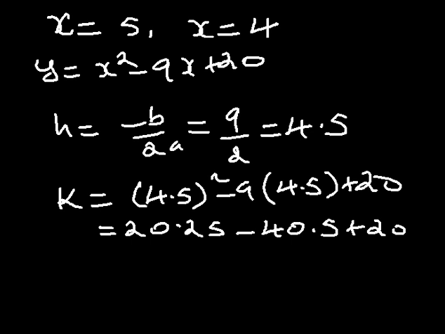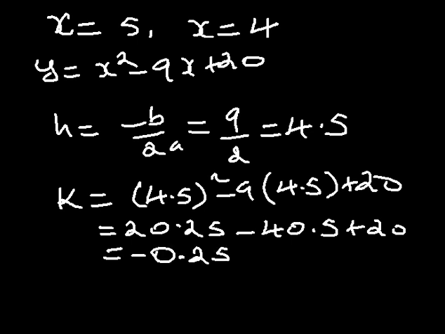Then we have 20.25 minus 40.5, plus 20. So we have negative 0.25.